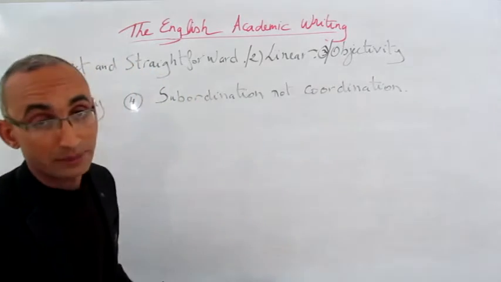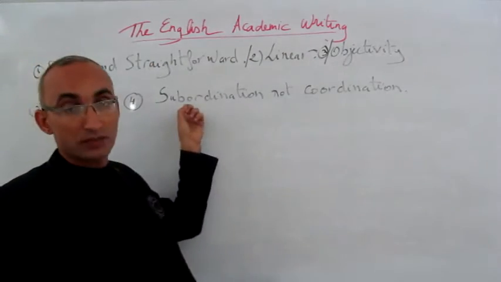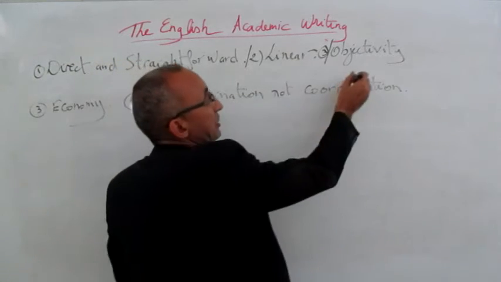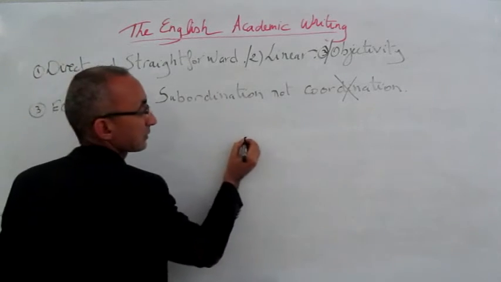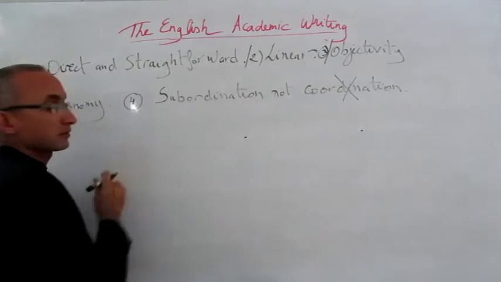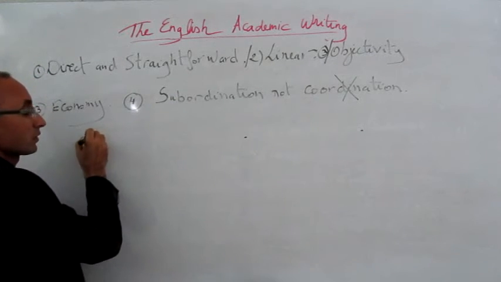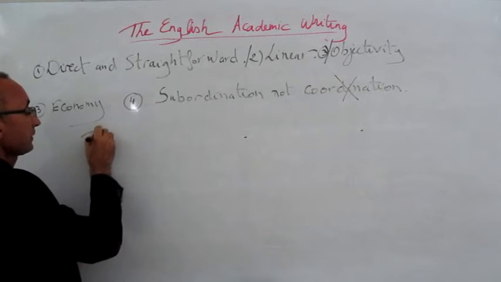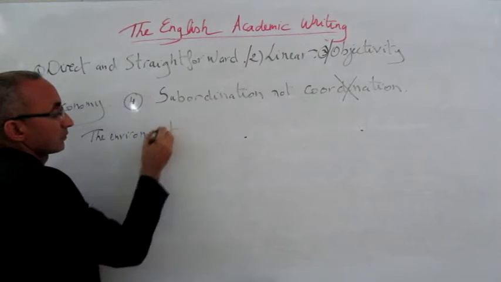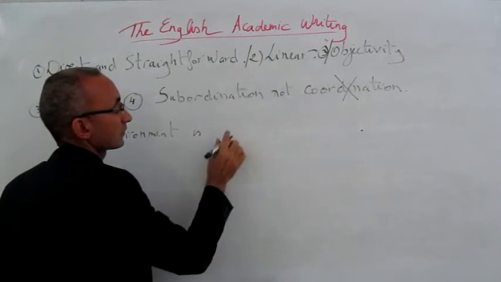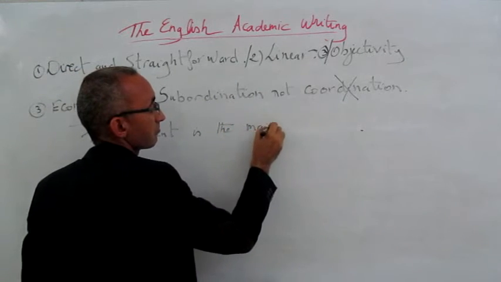But the English writing style is based on subordination rather than coordination. It means you can write two separate sentences. For example, I write: the environment is the main cause.